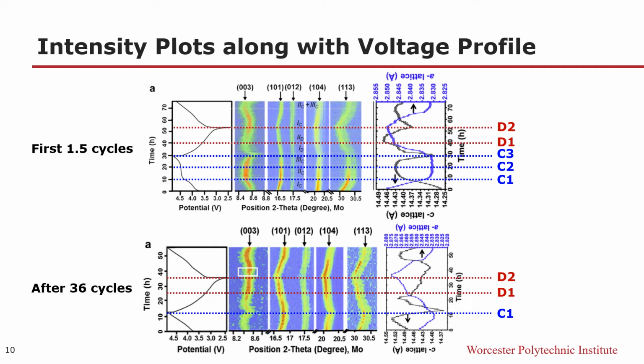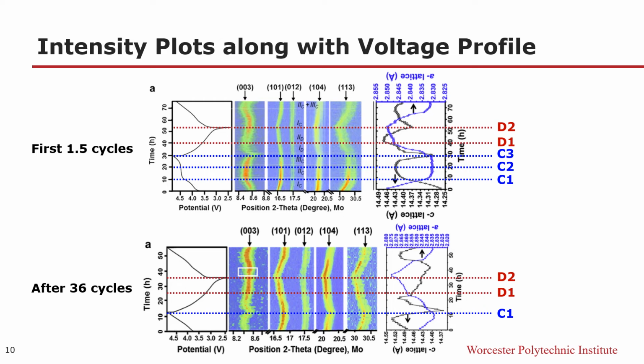In the second discharging stage D2, the c axis decreases, which is in accordance with the change in the position of the 003 reflection. This indicates the filling of vacancies in the lithium layers by lithium ions, which decreases the electrostatic repulsion among oxygen layers.